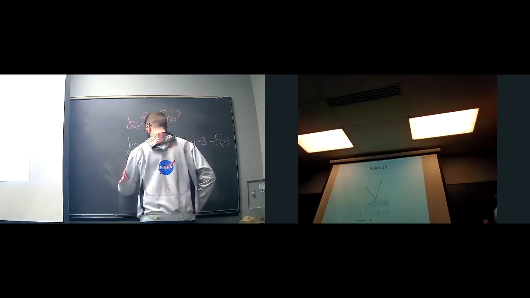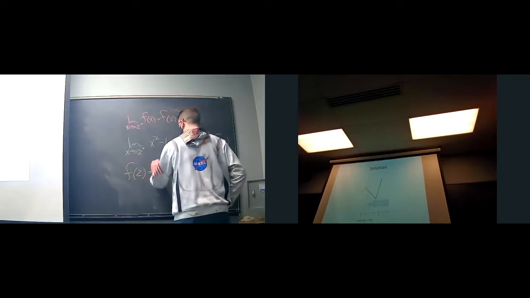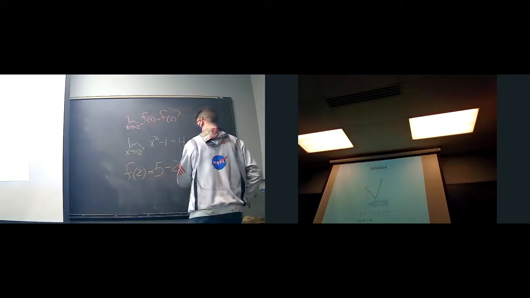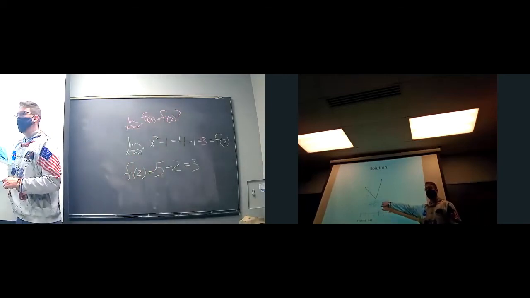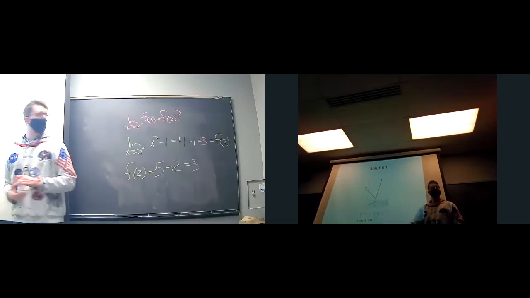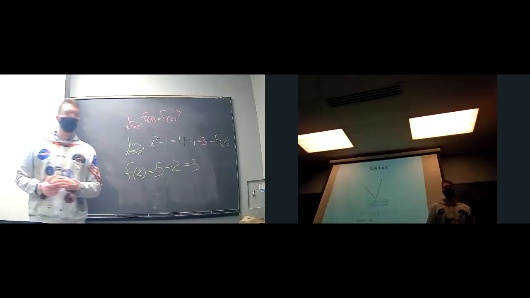Because f at 2 is going to be equal to 5 minus 2, 3. Because 2 belongs to this first part, right? Everybody cool with this?